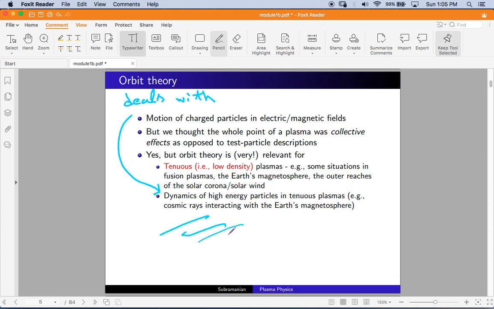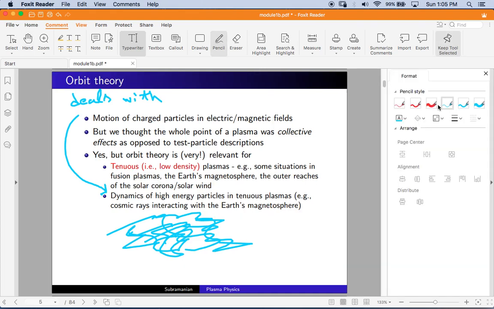Here's the plasma, lots and lots of small charged particles. But what you're talking about here is the dynamics of just a few high energy particles like this. These are the ones you're talking about.